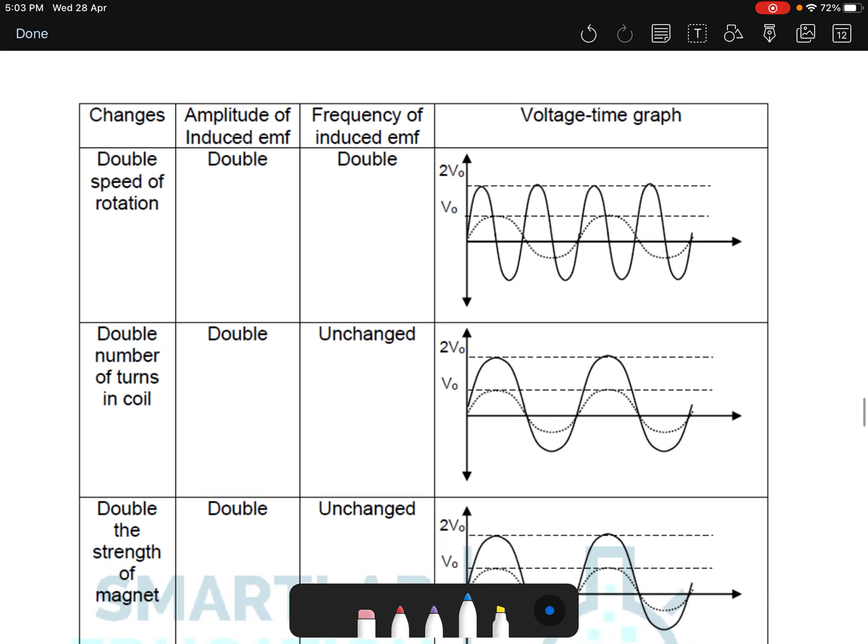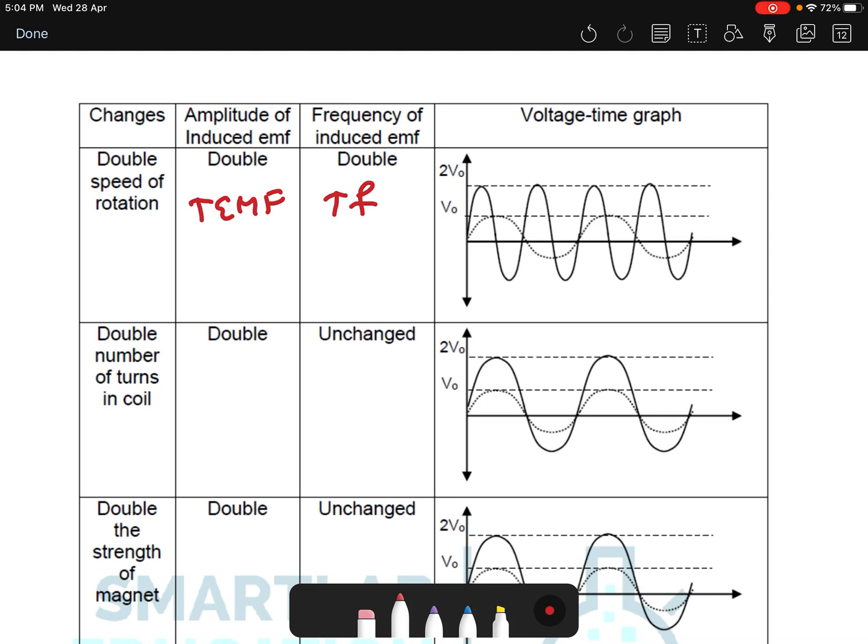Okay, so what if I apply some changes to the scenario? If I double the speed of rotation, I turn the coil even faster, times 2 the speed, the induced EMF will also be doubled. The magnitude of EMF will increase, and not only the EMF increases, the frequency of your induced EMF will also increase.